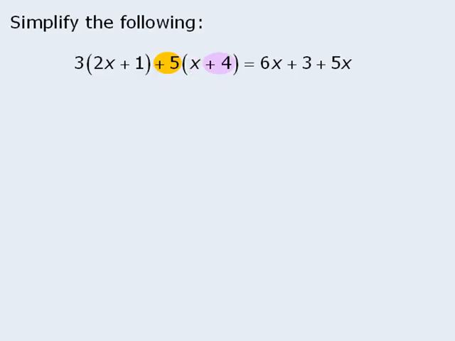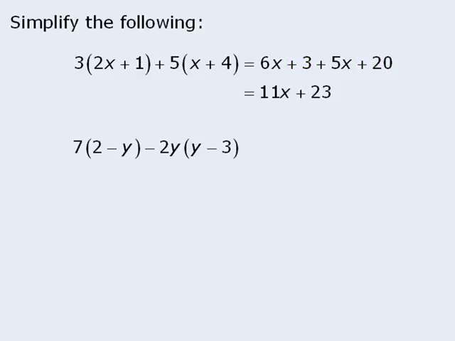And finally, we'll multiply positive 5 by positive 4 to get positive or plus 20. At this point, we can simplify our expression by combining like terms. For example, we can add 6x and 5x to get 11x, and we can add 3 and 20 to get 23.